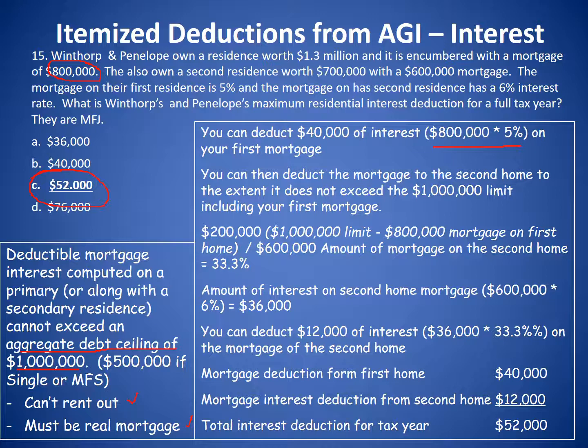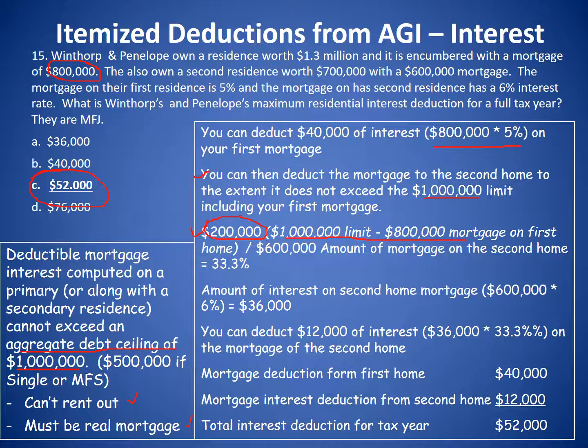You can then deduct the mortgage interest on the second home to the extent it does not exceed that $1 million limit, which also includes your first mortgage. So the $1 million limit minus the $800,000 mortgage on your first home means you have $200,000 remaining.